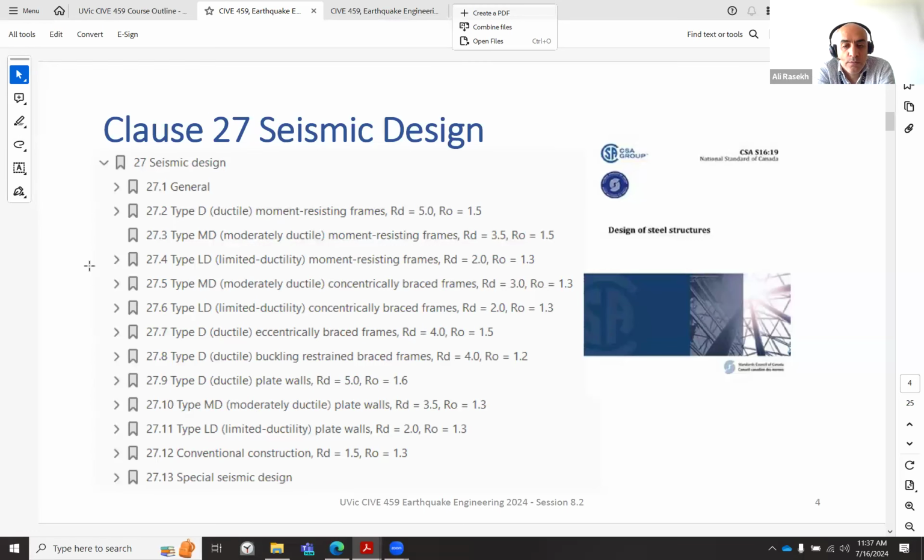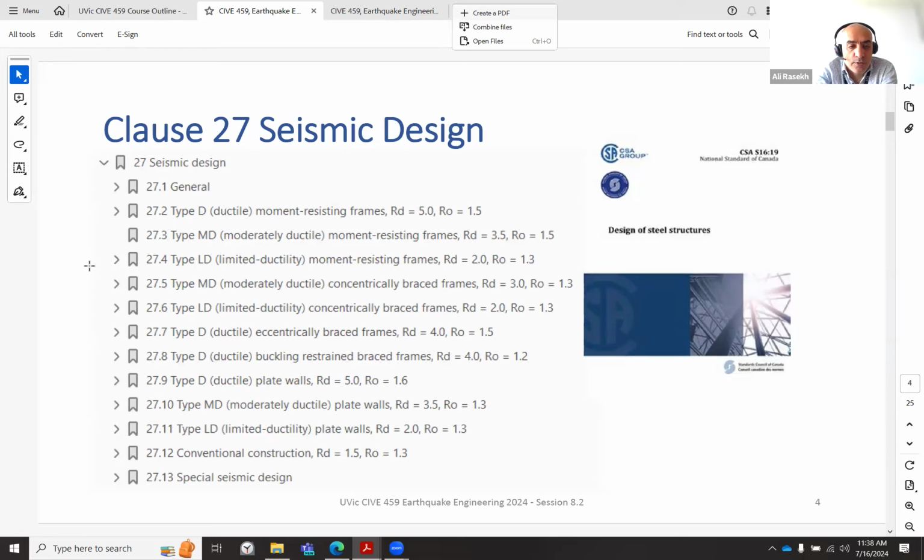When you do a very good job, you get a ductility factor of 5, say for moment resisting frames, and an overstrength factor of 1.5, totaling 7.5 when multiplying them.